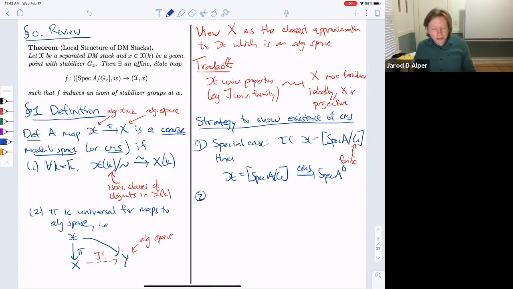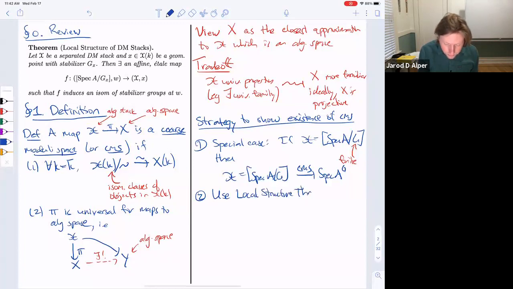And then the second part is to reduce to the special case. So then you use the local structure, where now you have an arbitrary Deligne-Mumford stack, and the local structure theorem implies that there's a nice affine and étale cover.